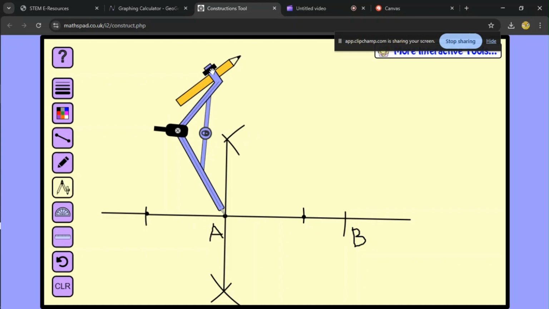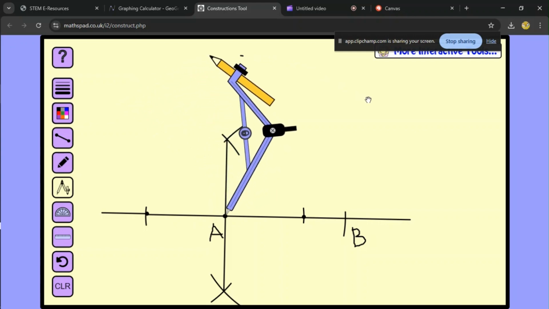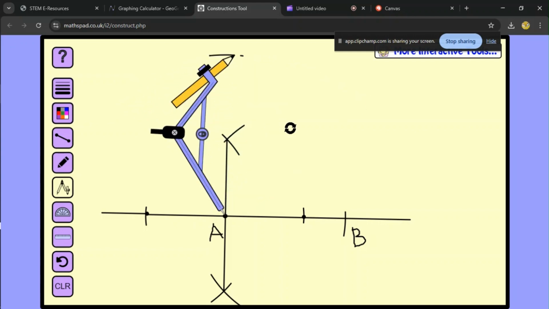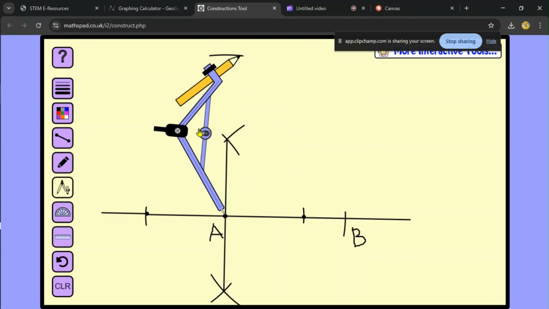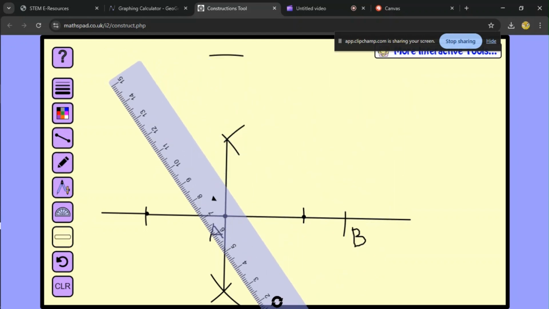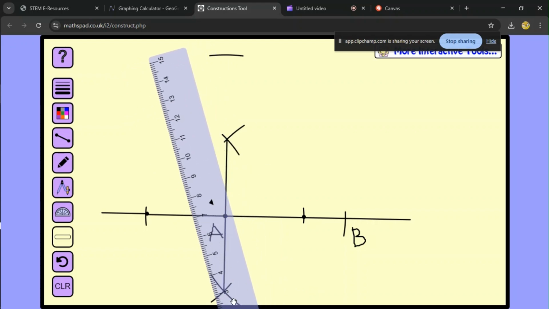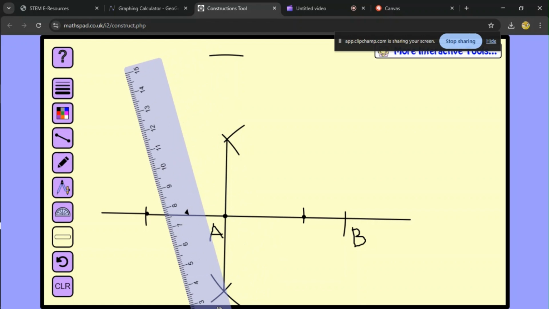My line is a bit short, but I need to put a mark there. Okay, so my line needs to extend up to that part. So I use a ruler and I join. I put a straight line up to where the line is.